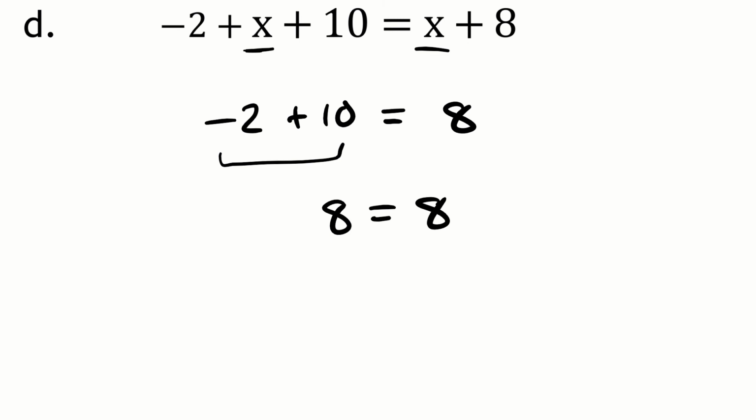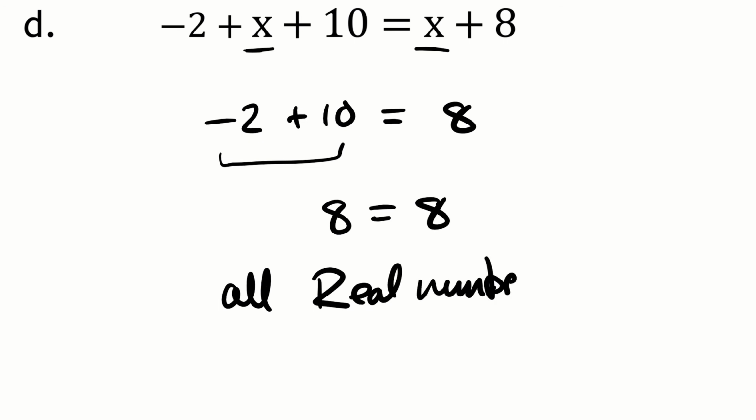When that happens, what's essentially happened is any real number would work. It doesn't matter what I picked for x in the original equation, it would be a solution. So when we see this, we just say our answer is all real numbers. Any value that I could plug in for x would make 8 become 8.